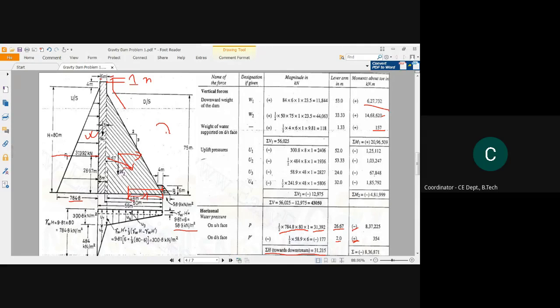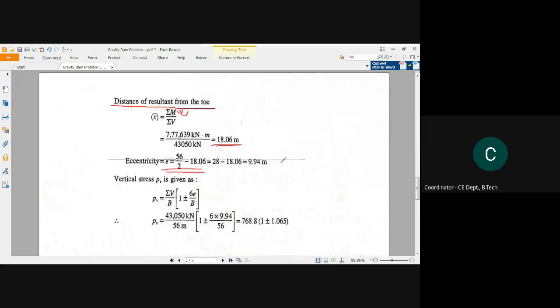See, that eccentricity is nothing but the difference in distance between the vertical force and that resultant force. Actually, it is wrongly drawn here. So that is our eccentricity, which is 9.94 meter.